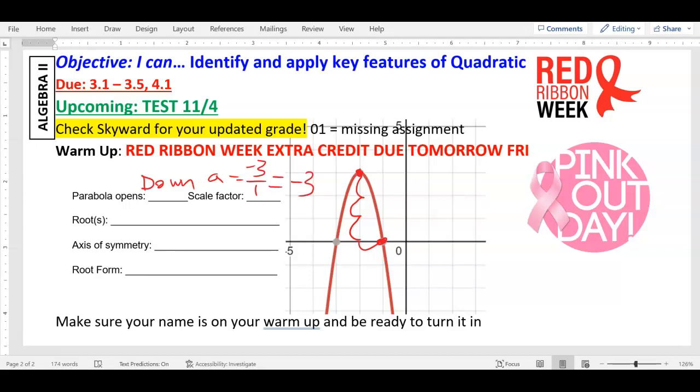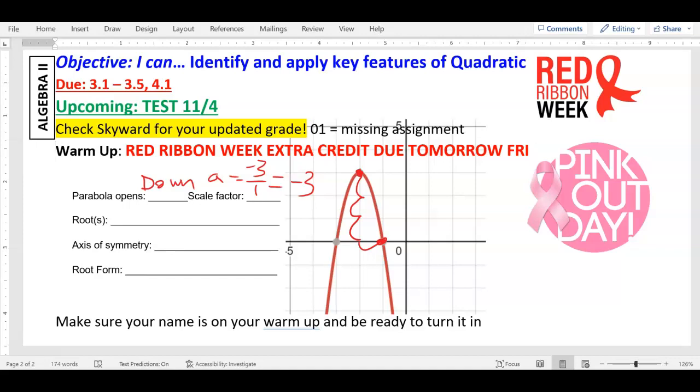Does everyone understand how to figure out the scale factor? Rise over 1 from the vertex. To figure out the scale factor, you do rise over 1, and if it equals a whole number, that's great.